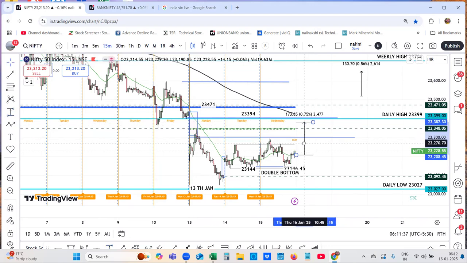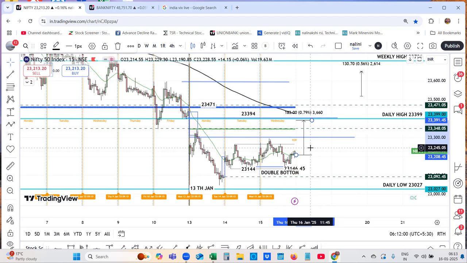So when there is 172 points, market can gap up, and if it gaps up, what should be your strategy? You should wait for the discount level and then take the trade. As normal human beings or intraday traders, you cannot place the trade when it gaps up. Do not hurry in the gap up because market will settle.